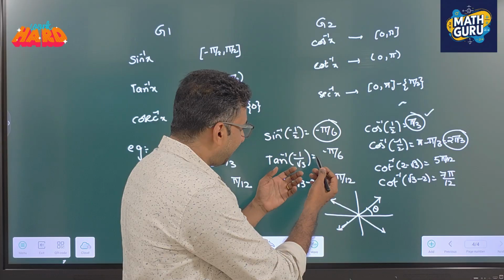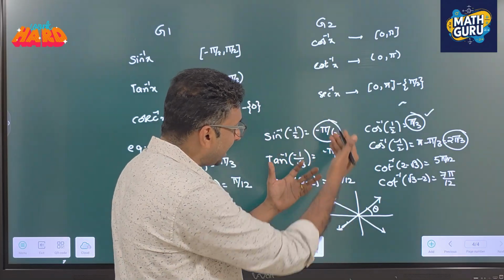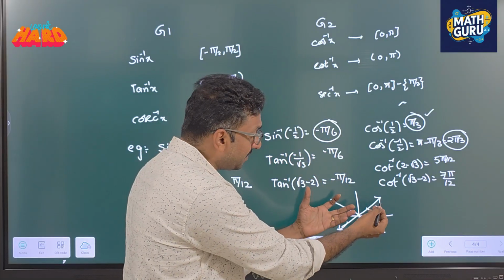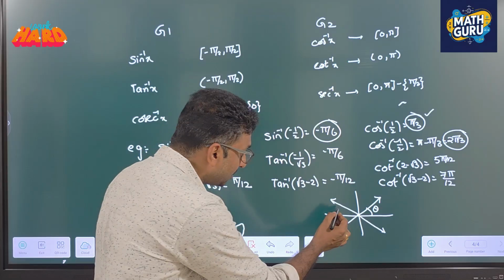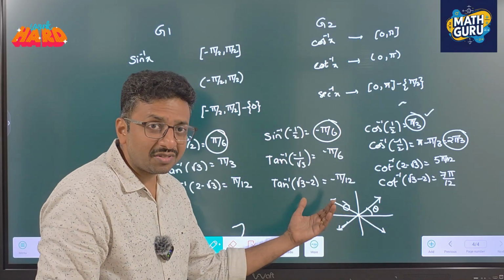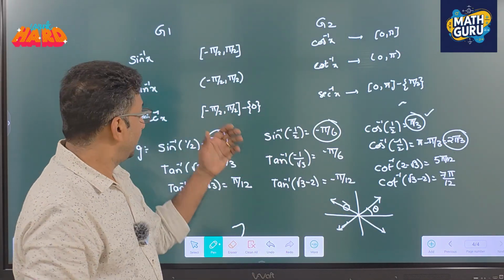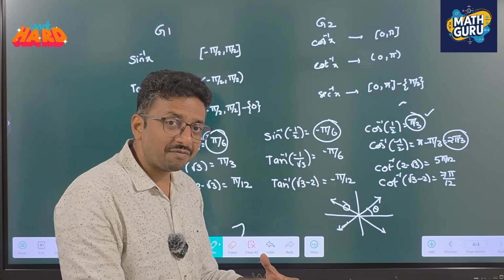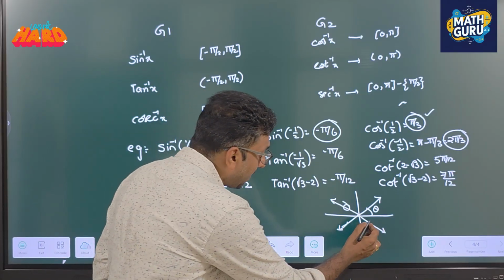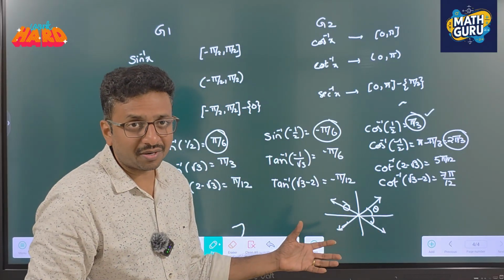For example, if secant inverse of some number is theta, secant inverse of minus of that number is going to be pi minus theta, the allied position in the second quadrant. If cosecant inverse of something is theta, cosecant inverse of minus of the same thing is minus theta, the allied position in the fourth quadrant.